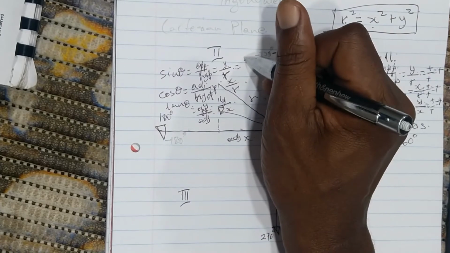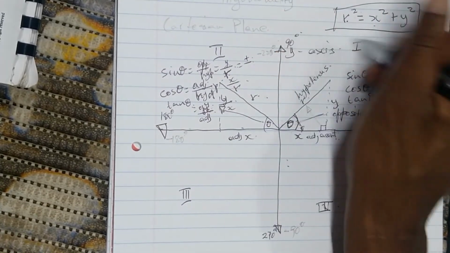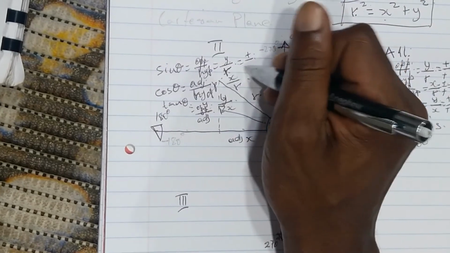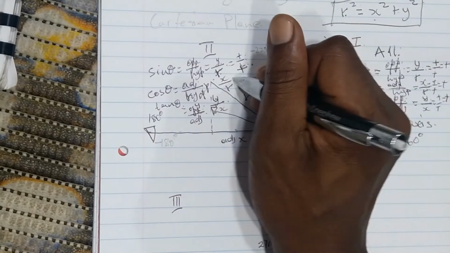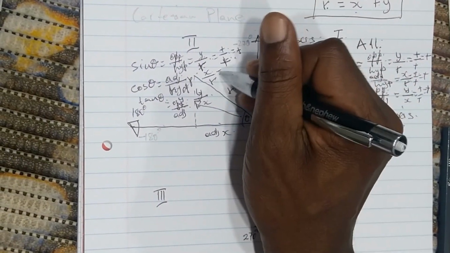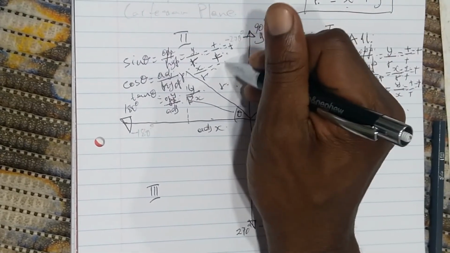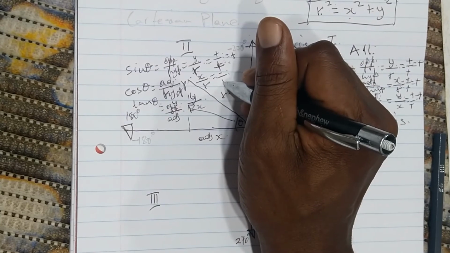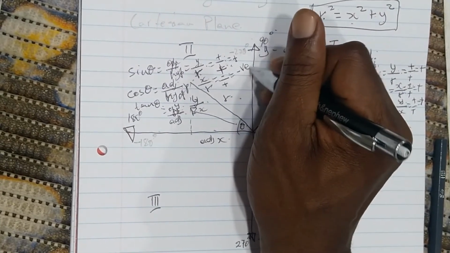So y is positive, and the r, we said, will always be positive. So this is positive. Let's look at x here. So x is negative over r, which is always positive. So that gives us a negative.